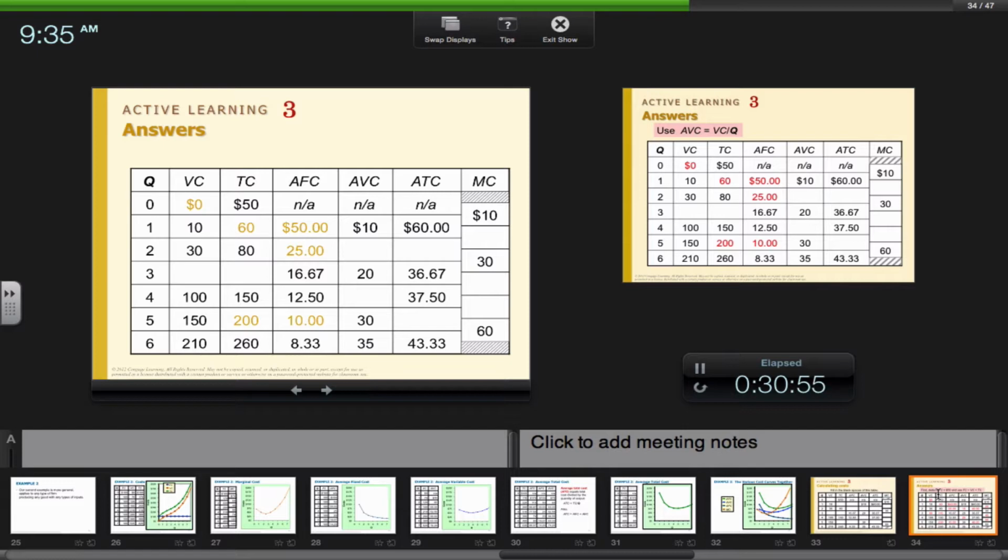The equation for average variable cost is variable cost divided by quantity.